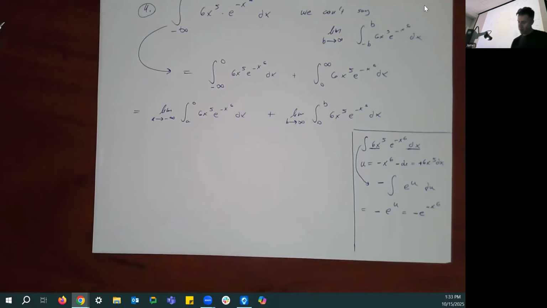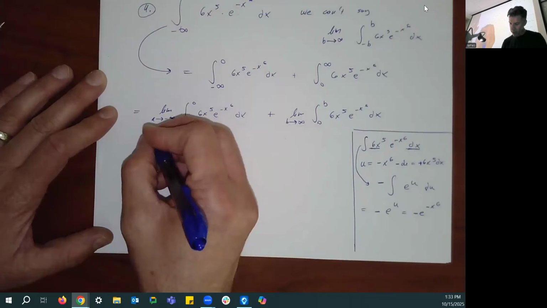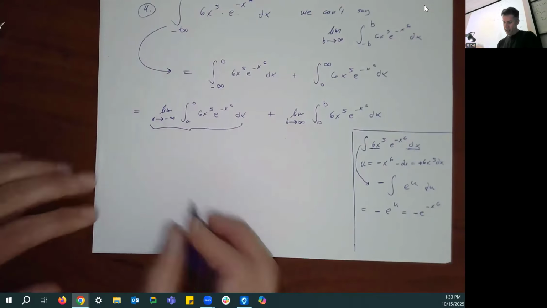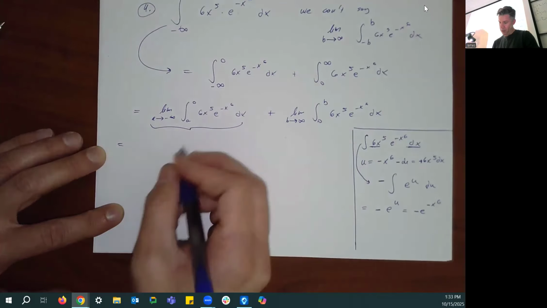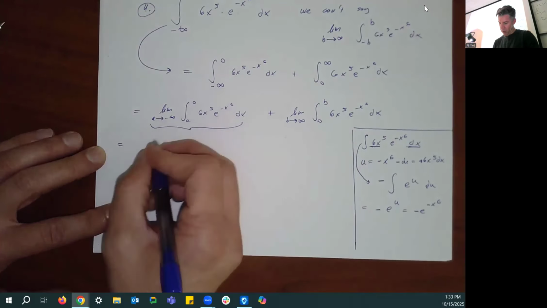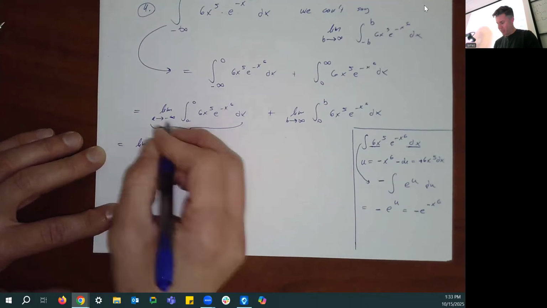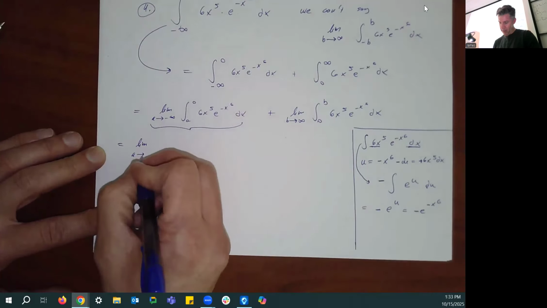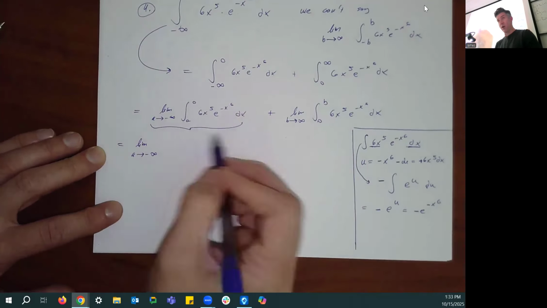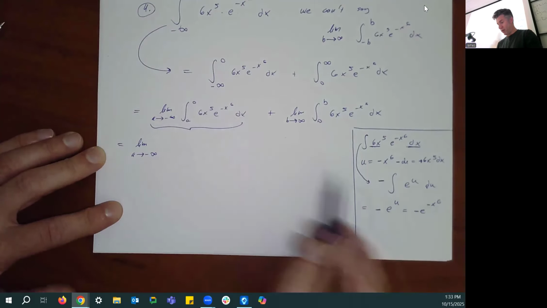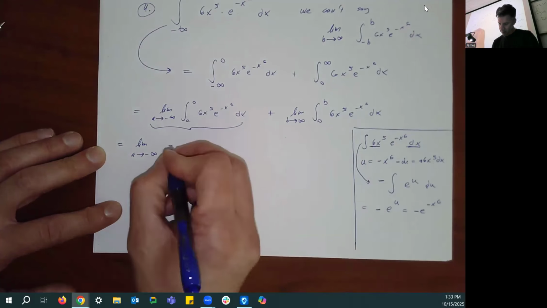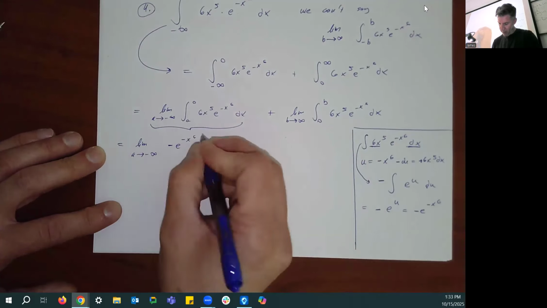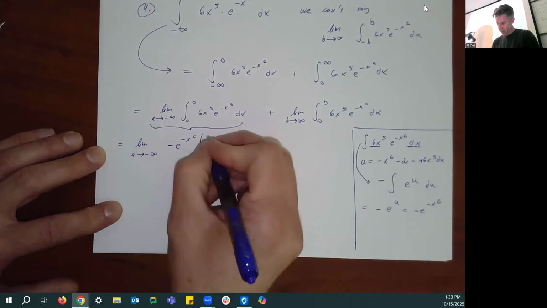So now, for this part here, I'm doing these separately. For this left-hand side, this is going to equal the left-hand piece, the limit as a goes to negative infinity. I've already done all the work, so I'm just going to rewrite the integral of this as negative e to the negative x to the sixth, evaluated from a to 0.